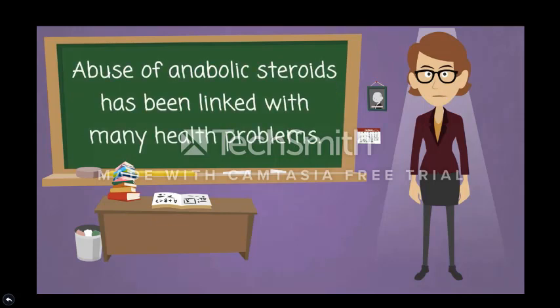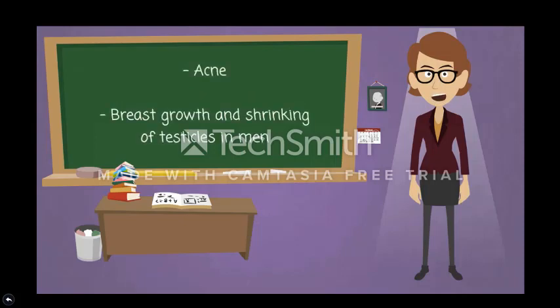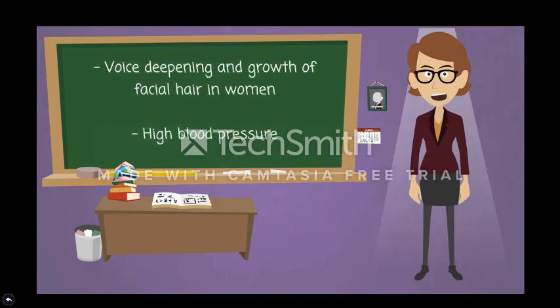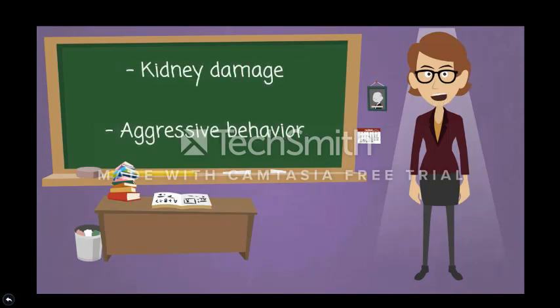Abuse of anabolic steroids has been linked with many health problems. They include acne, breast growth and shrinking of testicles in men, voice deepening and growth of facial hair in women, high blood pressure, heart problems, including heart attack, liver disease, including cancer, kidney damage, and aggressive behavior.